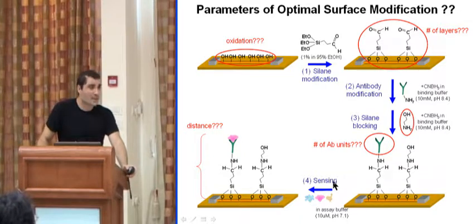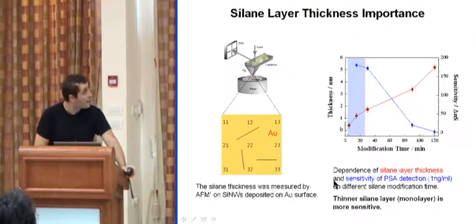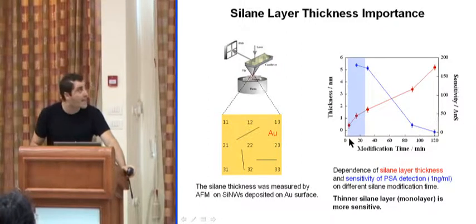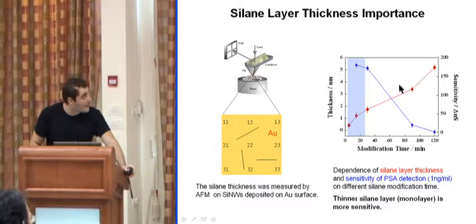So actually the most critical step, like I said, is to create a homogeneous layer of silane molecules or silane derivative on the surface. We could follow by using in situ AFM during the modification of silane. We could follow the thickness of the layer of the silane with time, and at the same time follow the sensitivity of the device for each one of the thicknesses.